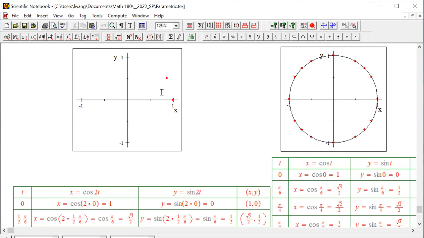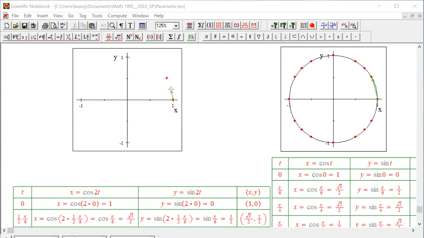How much time does it take for the previous one, example 3, for the particle to go from time 0 to pi over 6? It takes pi over 6. For this latter one, it takes half of pi over 6.